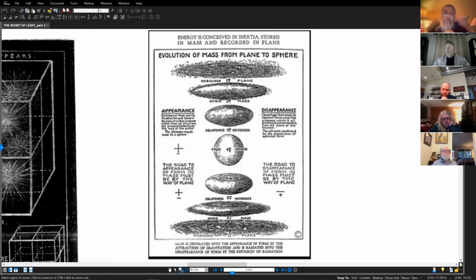So we get plane, sphere, back to source. Right here is where supposedly we are today in our Earth. Saturn is beginning to oblate more because it's the oldest form. That's why it has the rings. So this is the concept that Russell had, of how mass is shaped into spheres.